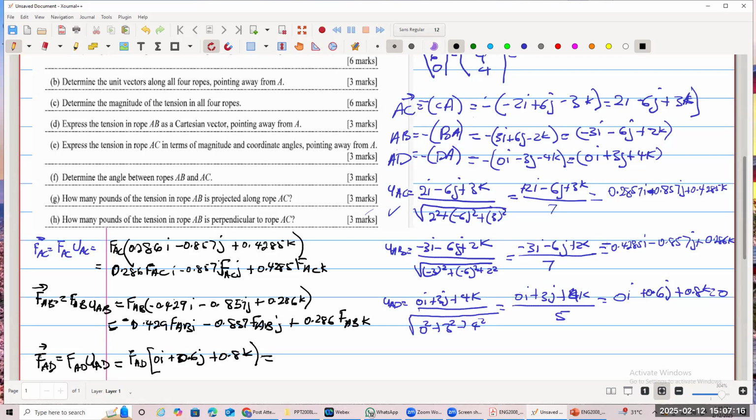Let's expand it out here. You will get 0 I, so 0 for that one, plus 0.6 FAD J plus 0.8 FAD for the K. So those are what you get there.